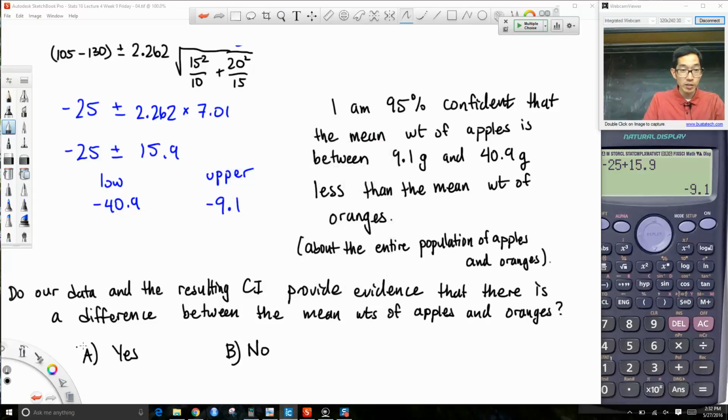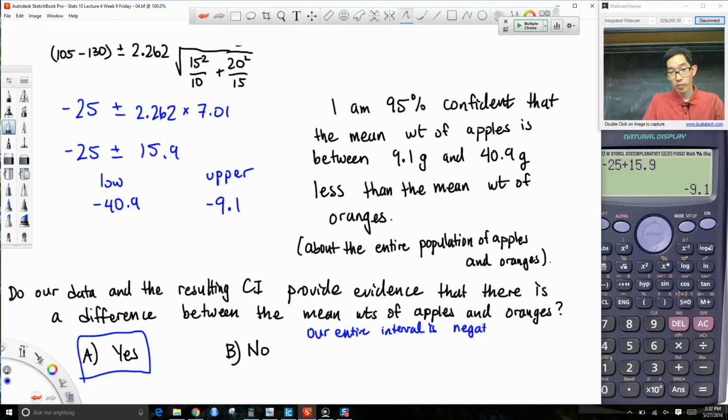Does it provide evidence that there is a difference between the mean weights of apples and oranges? Our answer is yes, because if we look at our interval, our entire interval is negative. 0 is not inside the interval.